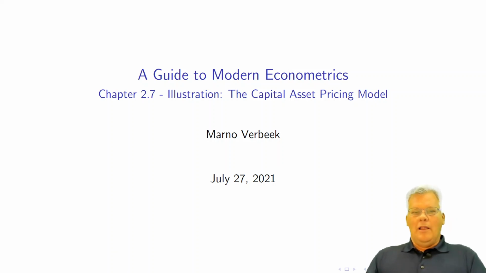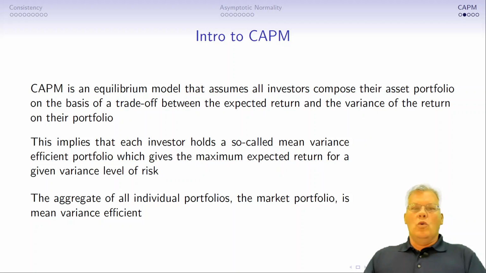So in section 2.7, Verbeek gives us an example based upon the capital asset pricing model. The capital asset pricing model is a classic result from finance based upon the efficient market hypothesis. Right?